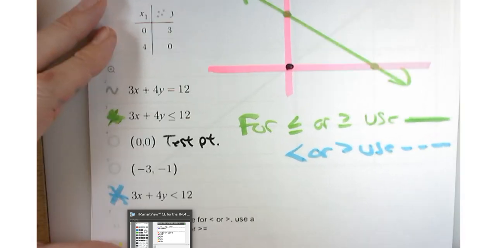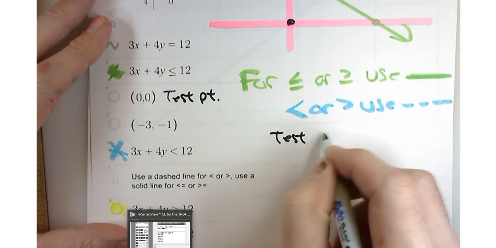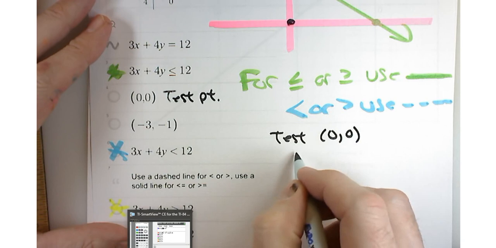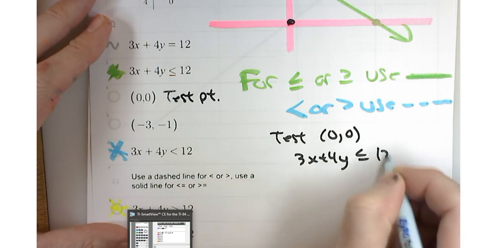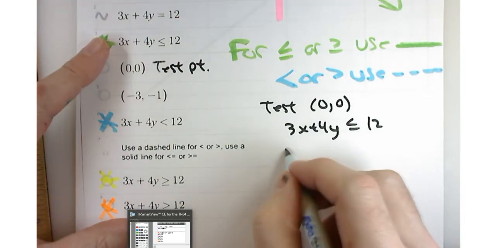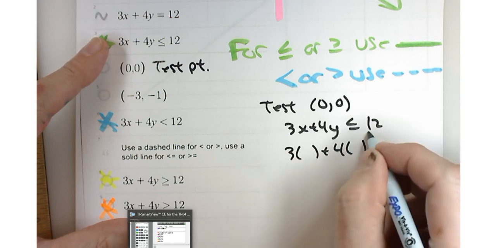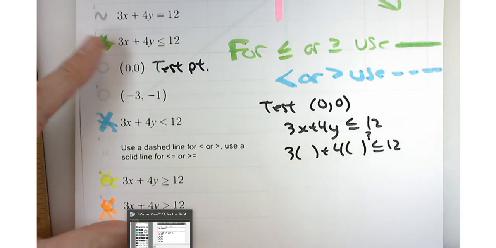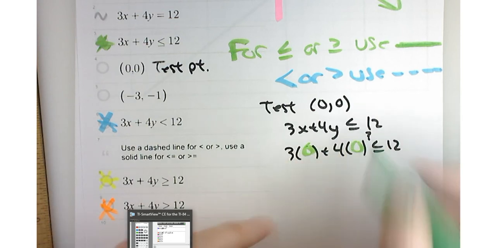And you're going to plug that into your inequality and see if it makes it true or false. So I'll test 0, 0, and 3x plus 4y is less than or equal to 12. And let's see what happens. 3 times 0 plus 4 times 0, is that less than or equal to 12? Well, what do you think? Yeah.